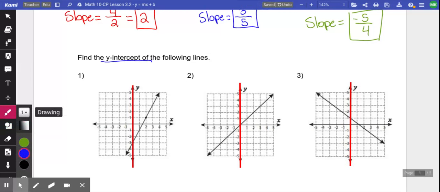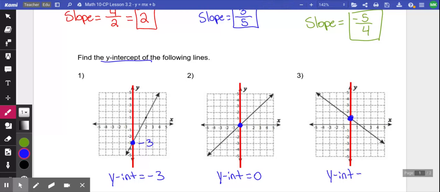For instance, this first line crosses right there at negative 3, so my Y-intercept is at negative 3. This one is right in the middle, therefore my Y-intercept is at 0. And this one crosses my Y-axis there at 1. Those are called your Y-intercept values.